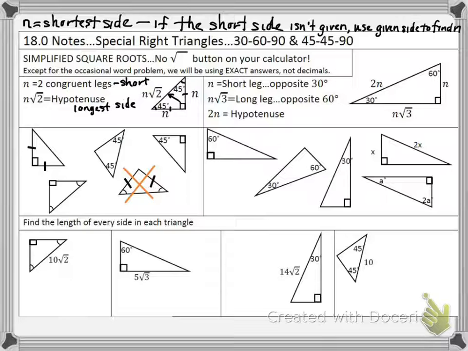So if I think about what we did in the 17.1 assignment, I said take the 180 degrees for a whole triangle, subtract the parts you know, and you get the number of degrees for the third angle, which means this has to be 45, 45, and 90.